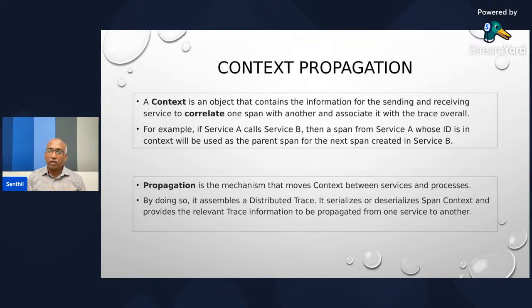If there is a request that goes from microservice A to microservice B, naturally microservice A would generate a span, and this span will have a context.